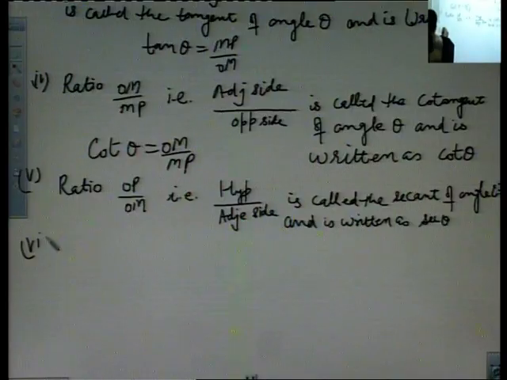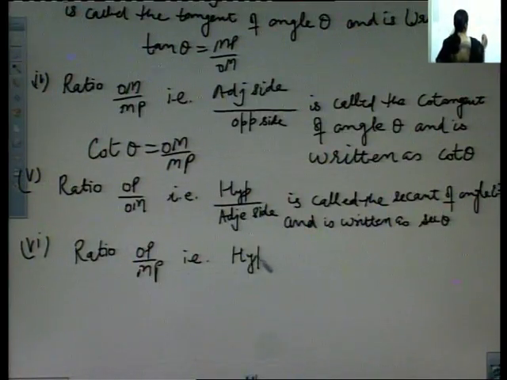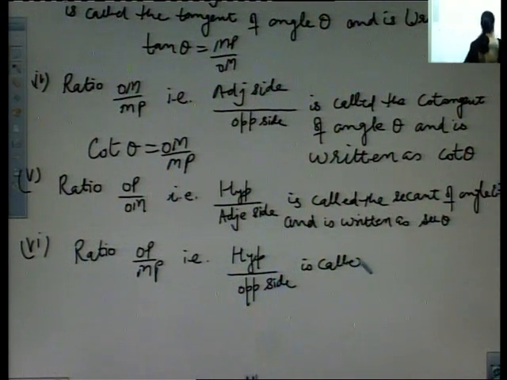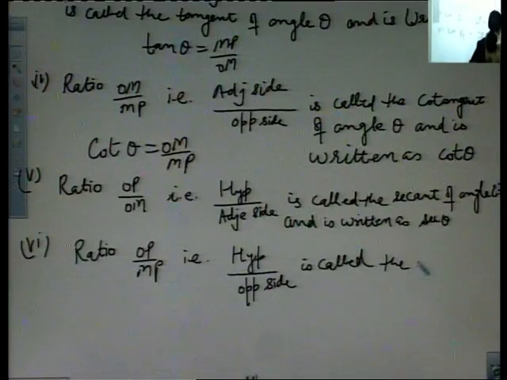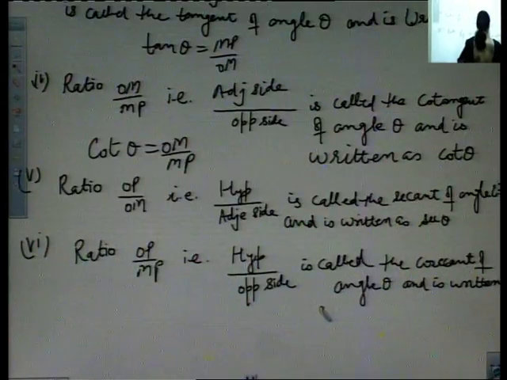Number 6, the ratio OP upon MP, that is hypotenuse upon opposite side, is called the cosecant of angle theta and is written as cosecant theta.